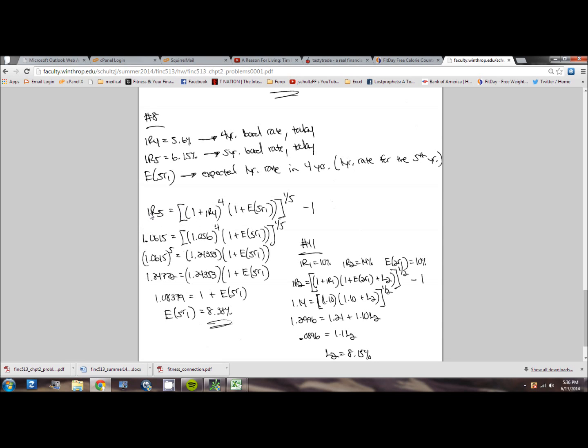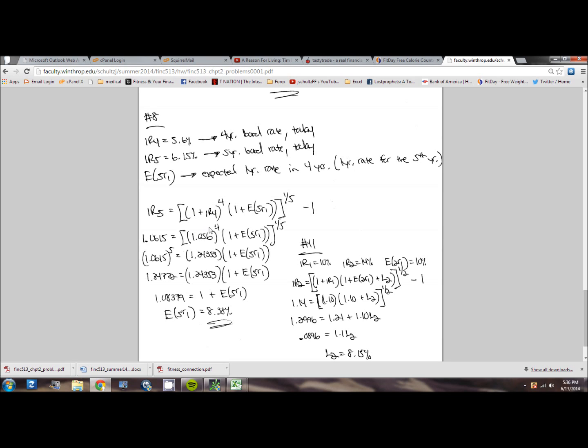More specifically, the 5-year rate today has to be equal to 1 plus the 4-year rate today raised to the 4th power times 1 plus the expectation of the 1-year rate 5 years from today raised to the 1/5 power minus 1. This is just the basic equation that you see in the unbiased expectation section.